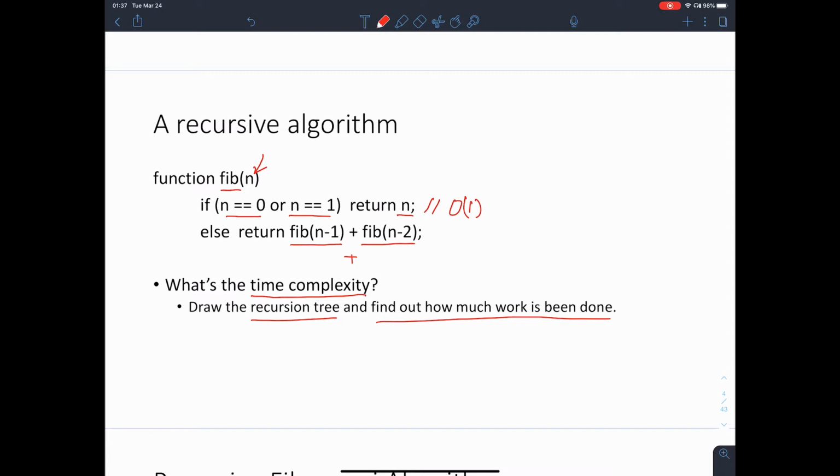Then it calls the same function recursively two times. For the first call, the argument is n minus 1. For the second recursive call, the argument is n minus 2.